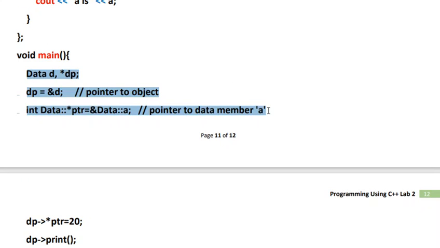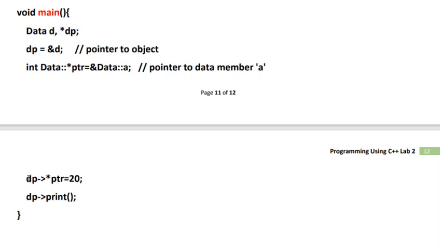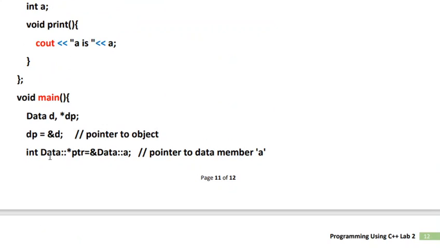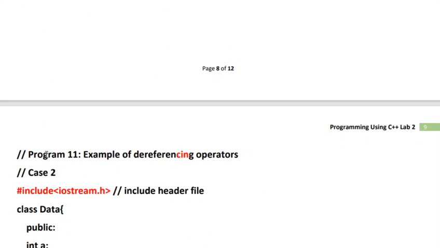Till here it's all the same, but instead of D I'm writing DP, because DP is a pointer to D, and I'm using a member access operator here. PTR is pointing to A, so it's the same as writing D dot A equals 20, and I'm accessing the member using the pointer itself. This is a very simple modification of the same program.